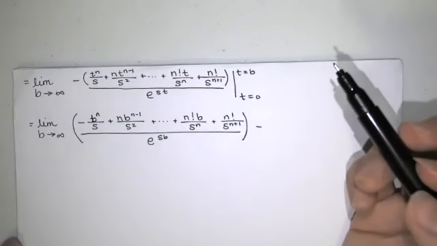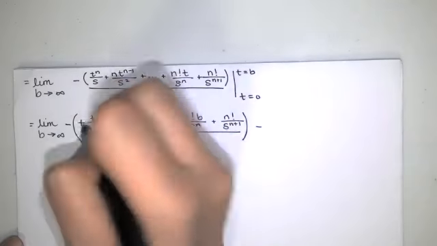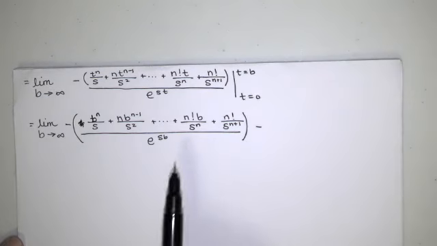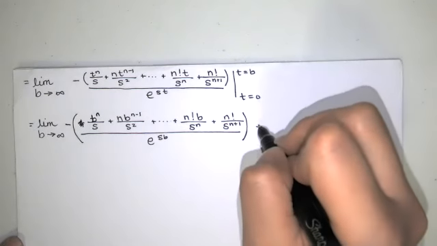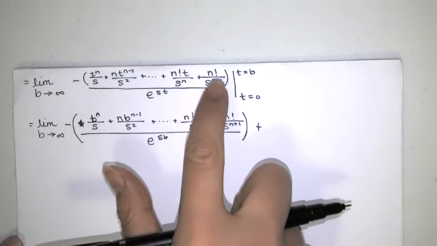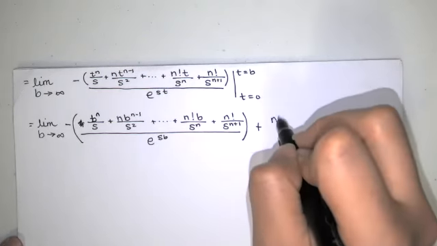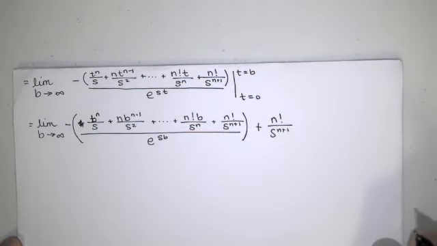But at t equals 0, I guess we need to factor out that negative as well. At t equals 0, we're going to have a negative times a negative, which is going to make that positive. And then all of these guys are going to be 0, and all we're going to have is that n factorial over s to the n plus 1, all divided by e to the 0, which is 1.